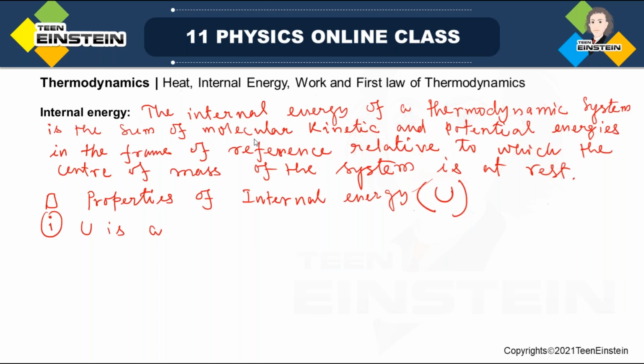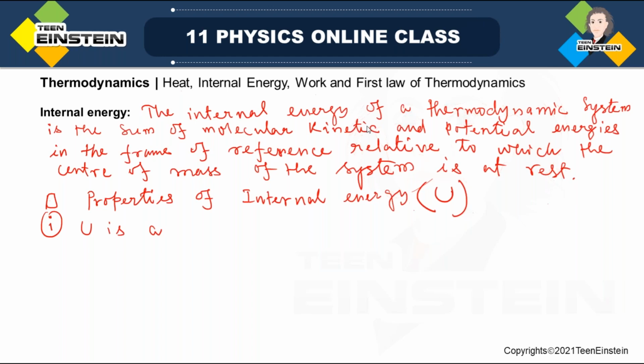And gas molecules are always moving randomly here and there, so there are kinetic energies and potential energy. I had mentioned kinetic energy can be of three types: translational, rotational, and vibrational.